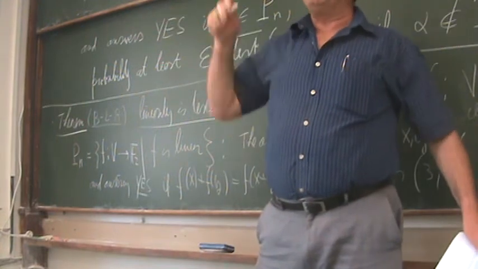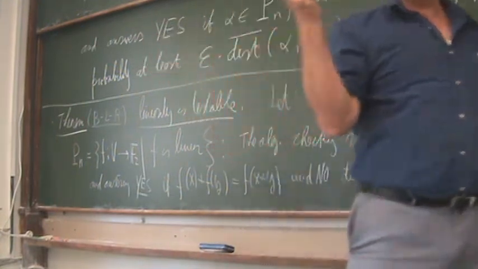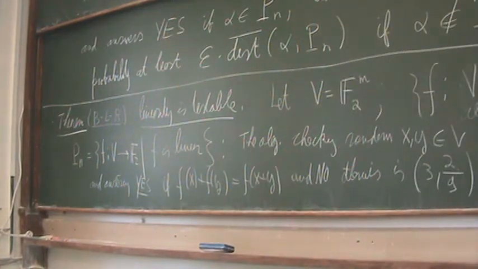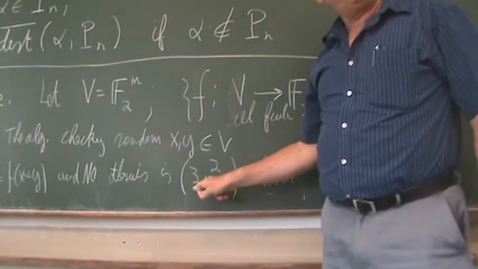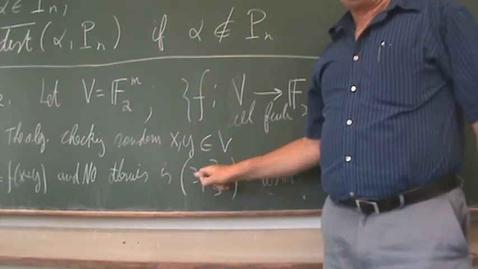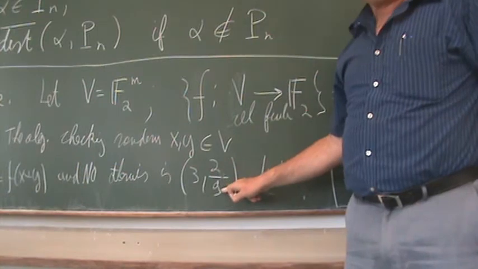But I am allowed to read only 3 bits of it, and then I want to decide whether this is linear or not. This stupid little test is a great test. It reads only 3 bits, and the probability of rejection is 2/9 over the distance.